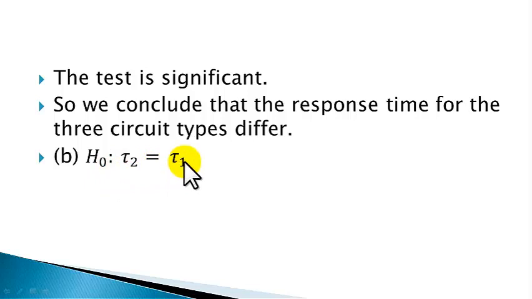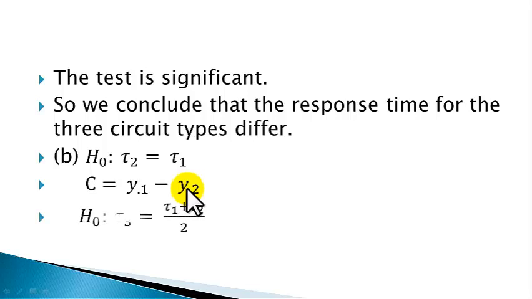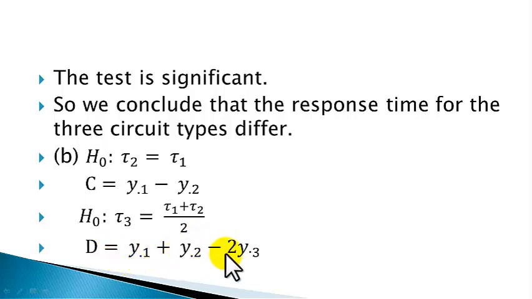From here, we construct a contrast C equal to y dot 1 minus y dot 2. We also consider the test tau 3 equals tau 1 plus tau 2 all over 2, which suggests the contrast of the form D equals y dot 1 plus y dot 2 minus 2 y dot 3.